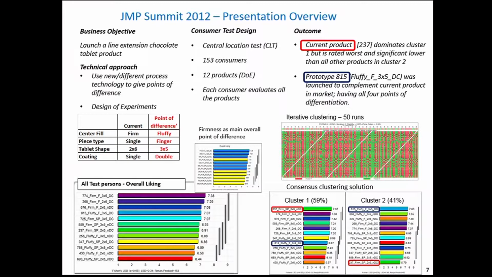The iterative clustering technique was something new to what we demonstrated in 2012. Mondelez became concerned about the instability of clustering solutions through the omission of a few consumers. So what we did, we invented a little procedure which omitted consumers in a very structured way, and through iteration we worked out a consensus solution.